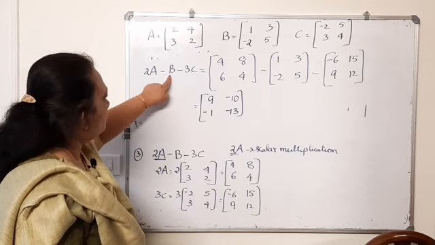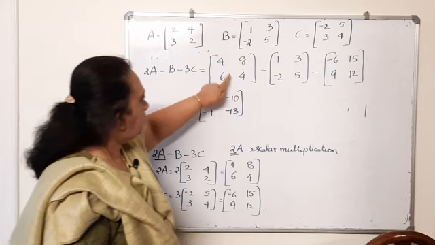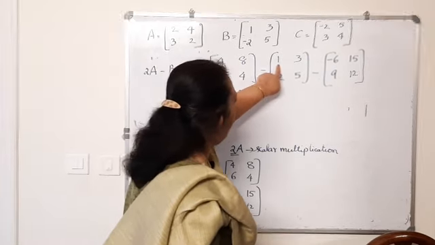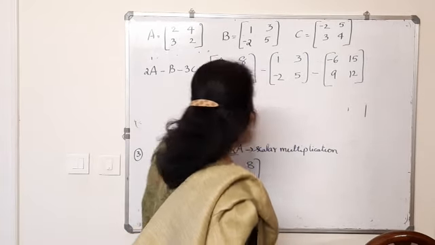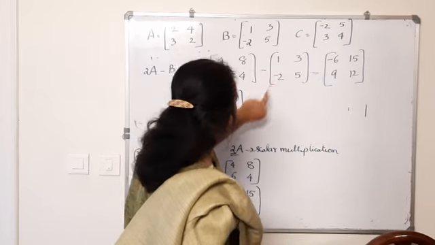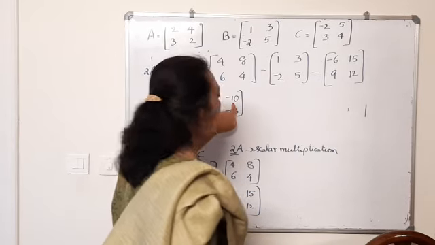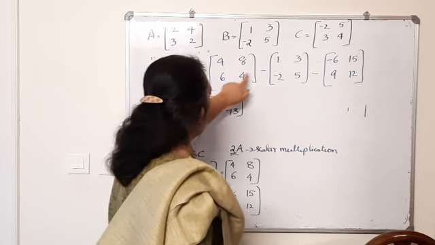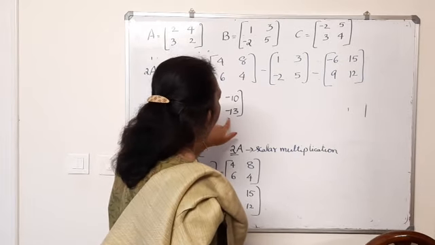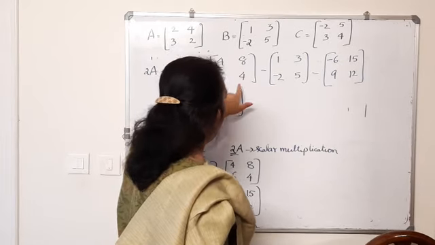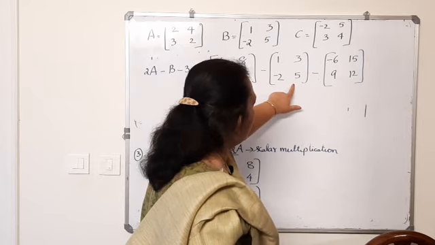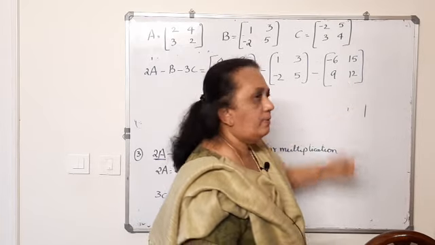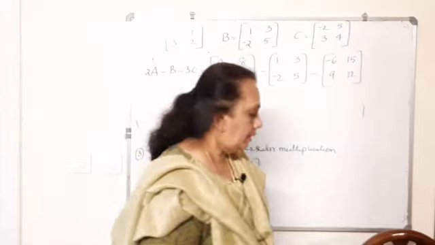So, 2A minus B minus 3C. Substitute 4 minus 1, 3. 3 minus minus 6, 9. 8 minus 3, 5. 5 minus 15 is minus 10. 6 minus minus 2 is 8. 8 minus 9 is minus 1. 4 minus 5 is minus 1. Minus 1 minus 12 is equal to minus 13.